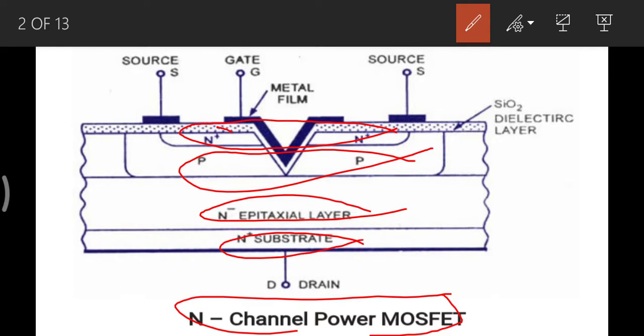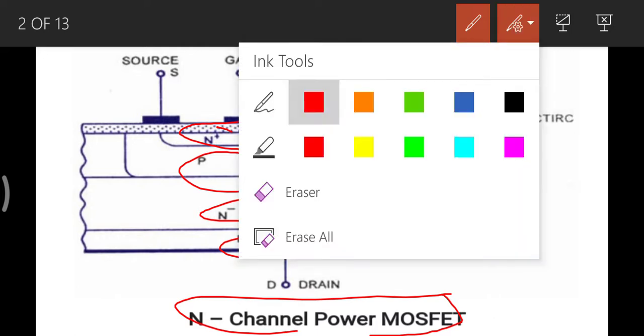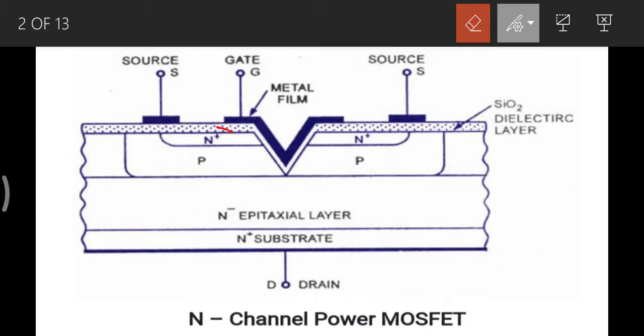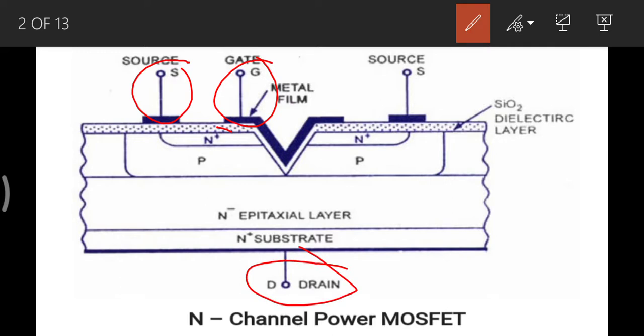Totally four layers exist, and similarly there are three terminals present in the MOSFET. What are those three terminals? One is source, the second is gate and the third is drain.